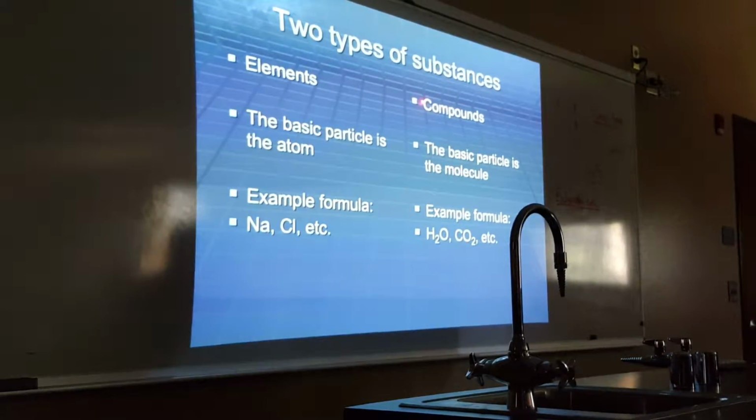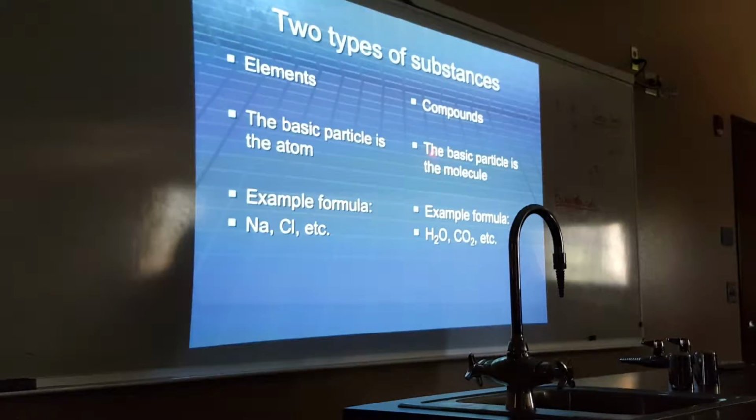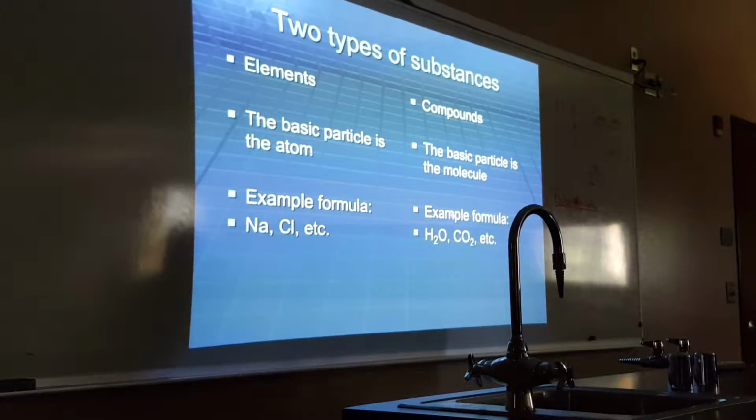Compounds are basically made up of two or more elements combined, okay? And they combine on the most elementary level, that is, atoms combine to form molecules. And molecules are denoted by little formulas or big formulas. If it's a little molecule, it'll have a little formula like that, okay?